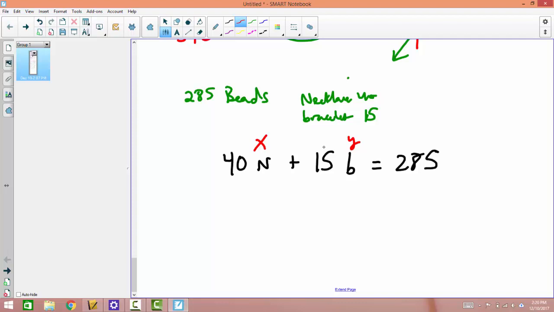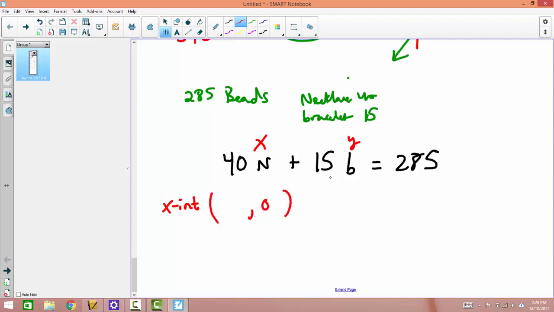So if you would like to graph this, you could graph this with the x and y intercept. That's one option. So for the x-intercept, since it's in standard form, you would plug 0 in for y and solve for x.